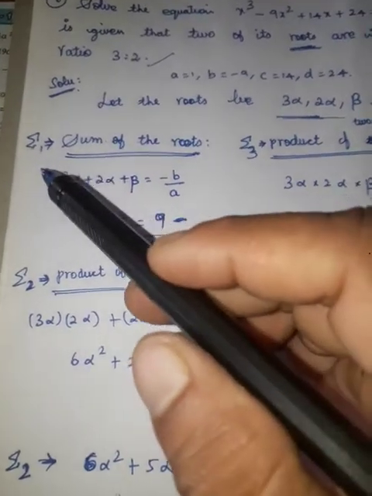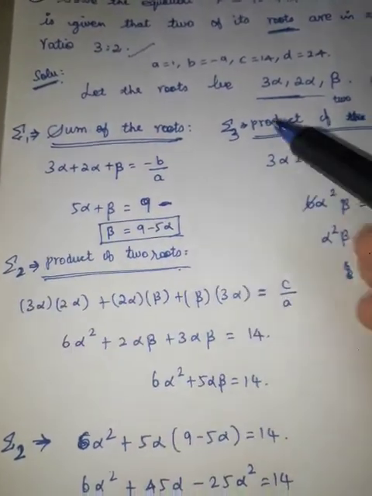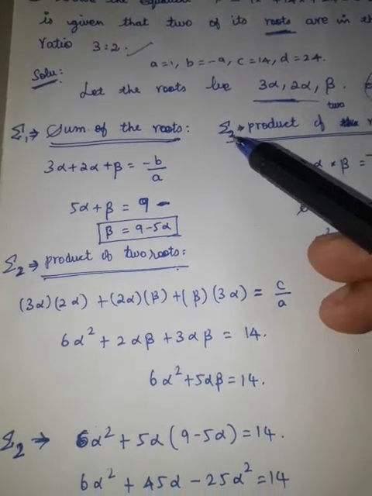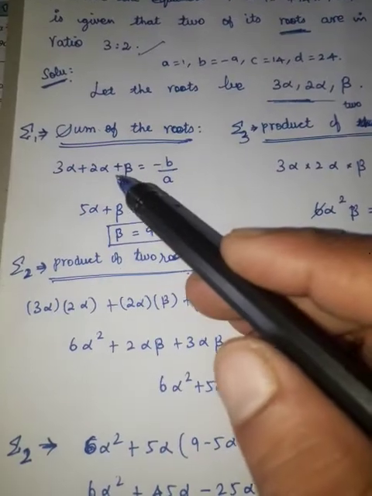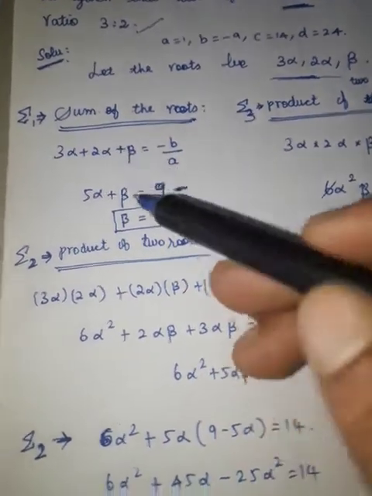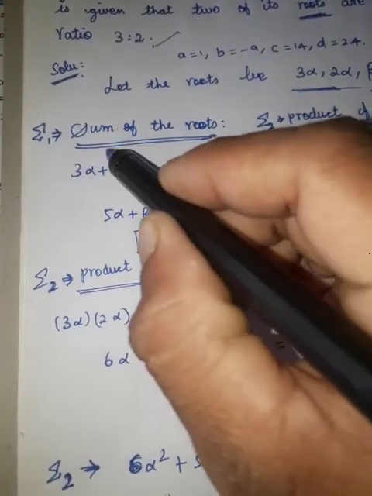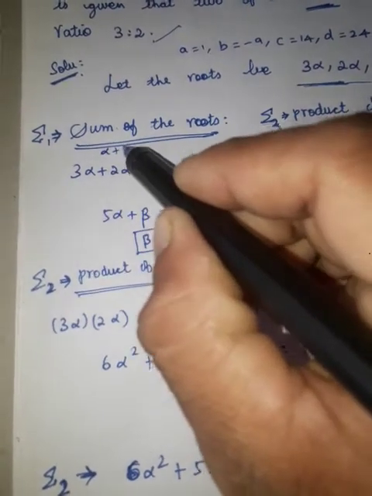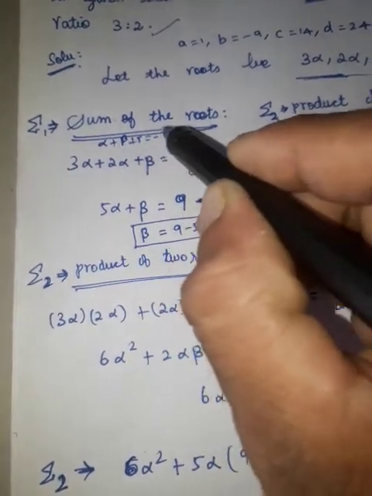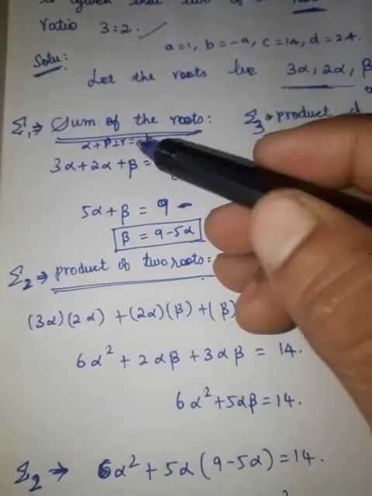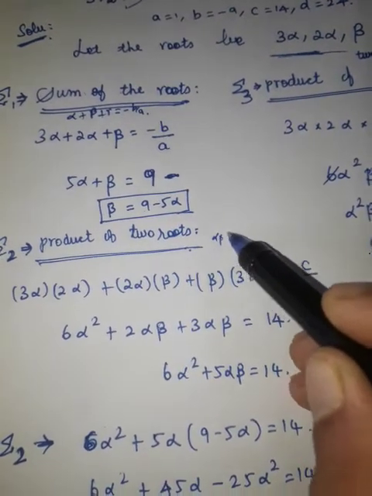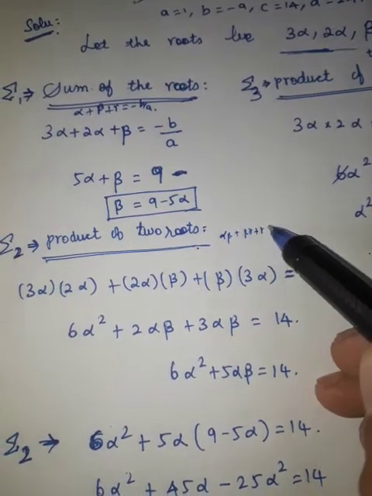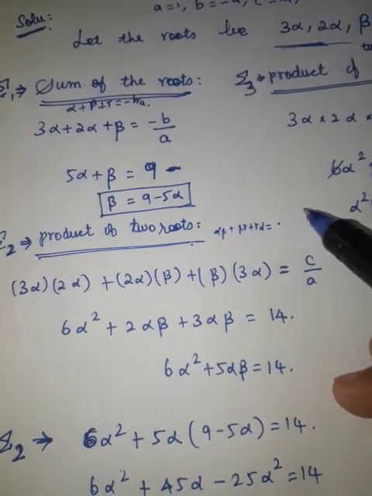First of all we find summation 1, summation 2, summation 3. Summation 1, the sum of the roots: alpha plus beta plus gamma equal to minus b by a, the cubic formula. Alpha beta plus beta gamma plus gamma alpha equal to c by a.